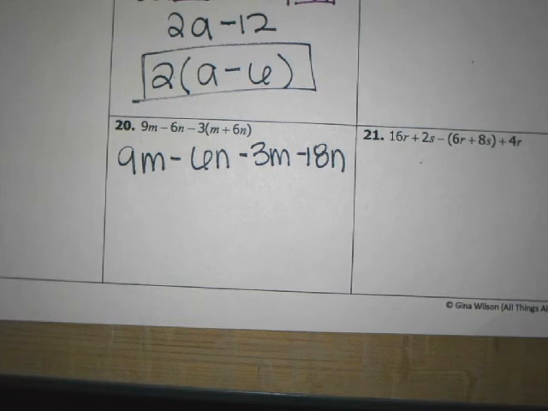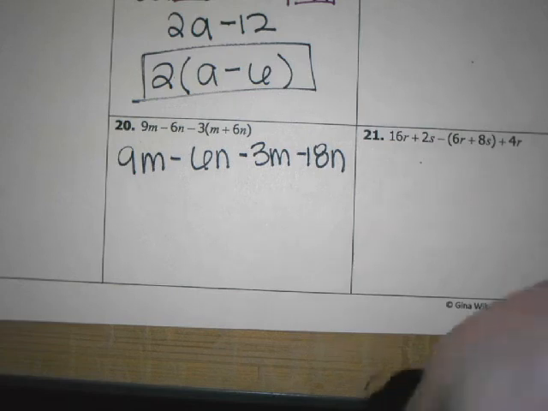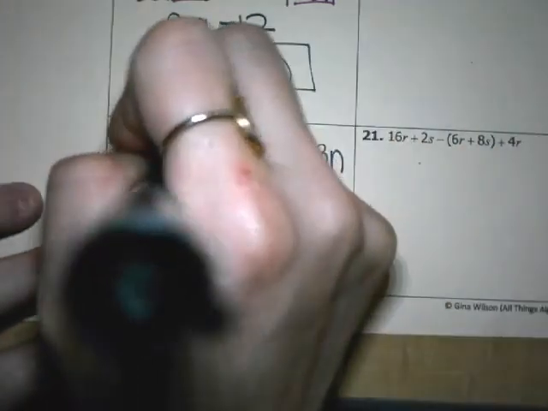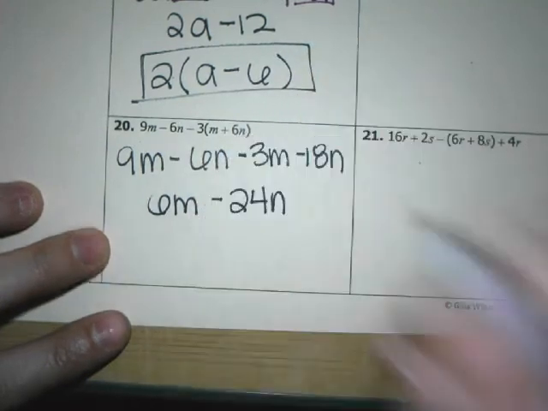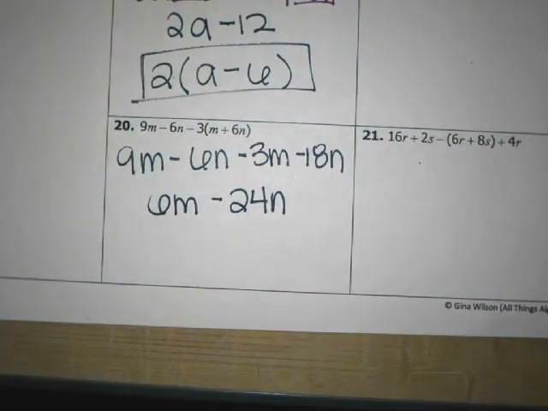Now we need to combine like terms, if you haven't done that yet. Number 22, tell me what I get. 6m minus 24n. Then you can factor.